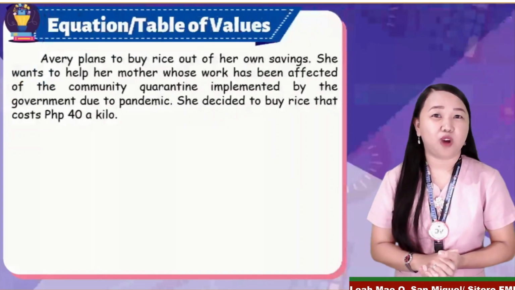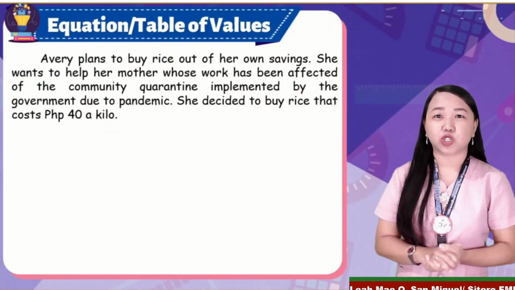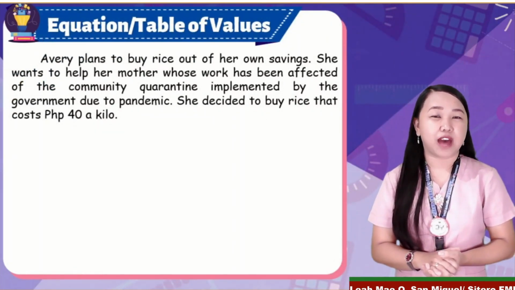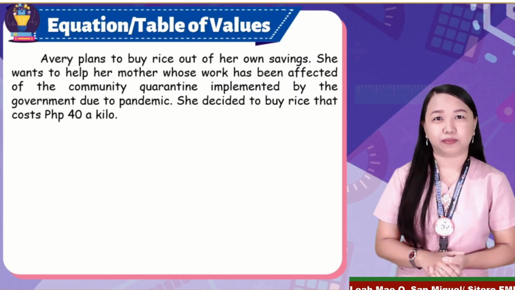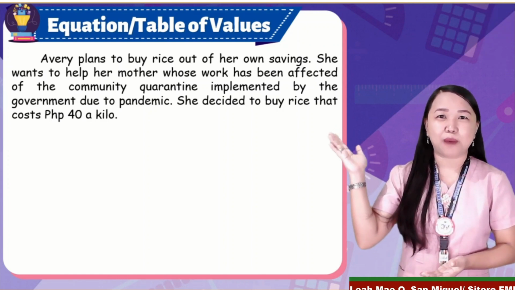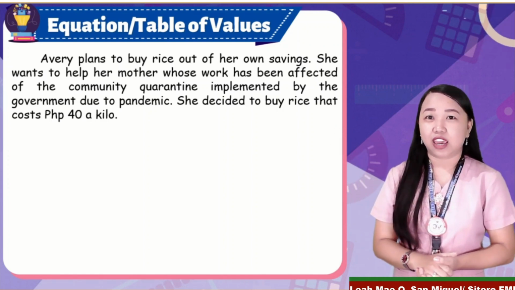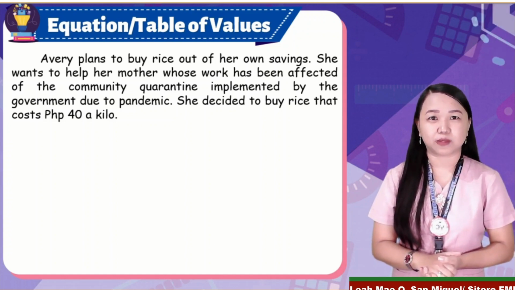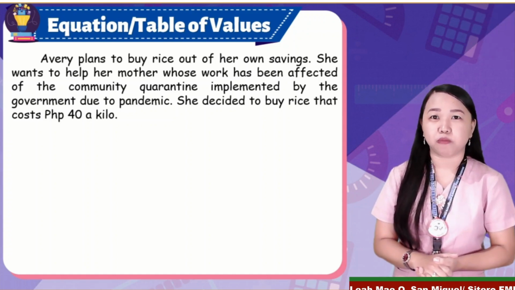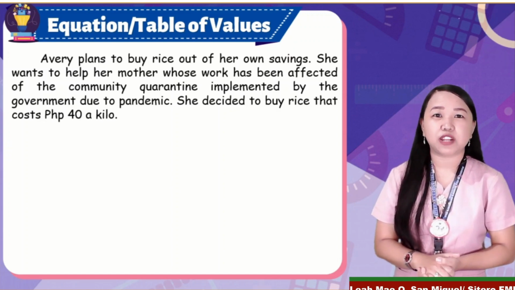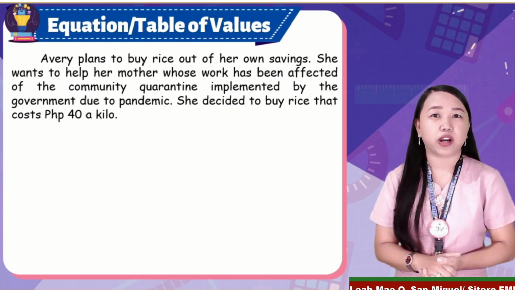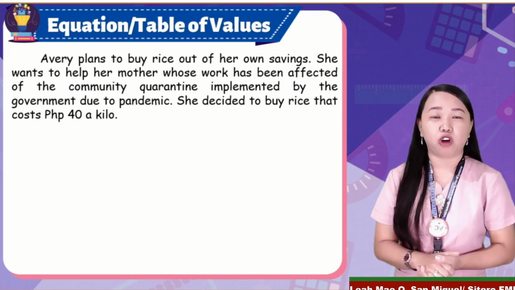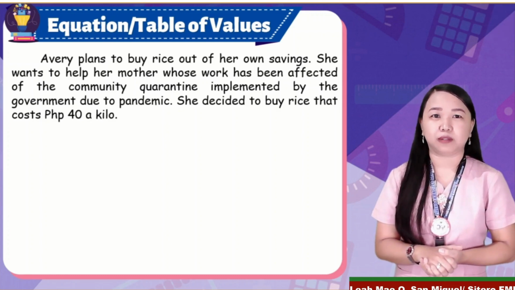Furthermore, we can also observe direct variation using table of values and graph. Look at this example. Avery plans to buy rice out of her own savings. She wants to help her mother, whose work has been affected by the community quarantine implemented by the government due to pandemic.